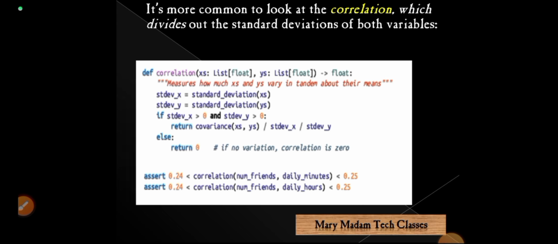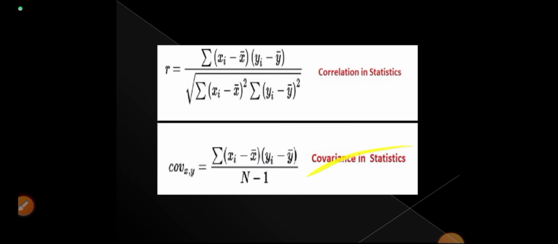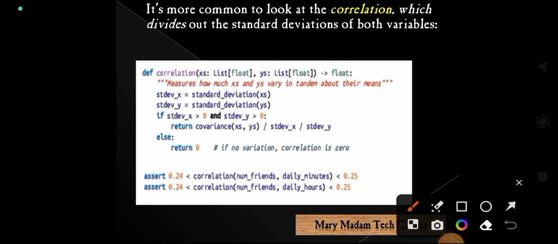Let us move into our topic. It's more common to look at the correlation, which divides out the standard deviation of both variables. Our both variables are xs and ys. If you take xs as number of friends and ys as number of daily minutes, let us see a small code.